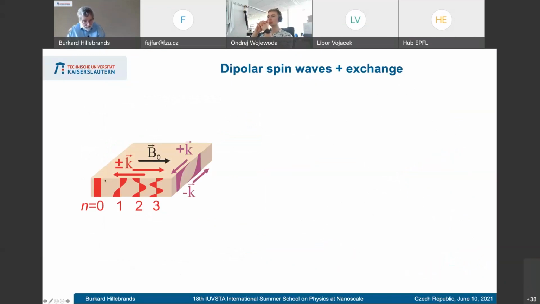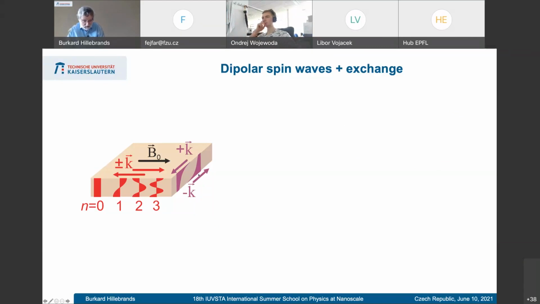If we have a film, here you see a film of finite thickness, then you can also obtain thickness modes. These are modes which propagate back and forth between the back side of the film and the front side of the film. You can also have surface modes. You have just seen the green mode in the blue graph before, which only has a precession amplitude on one side or on the back side.